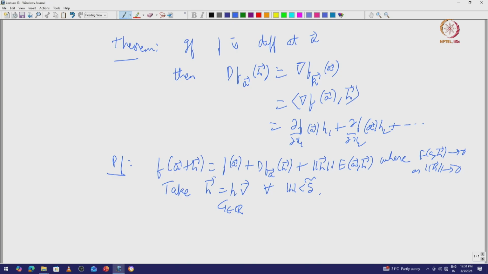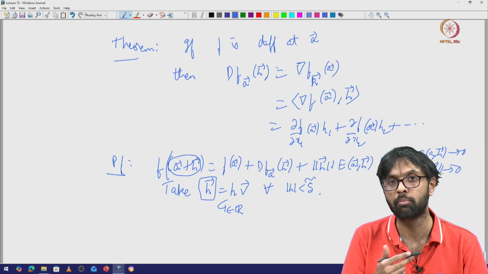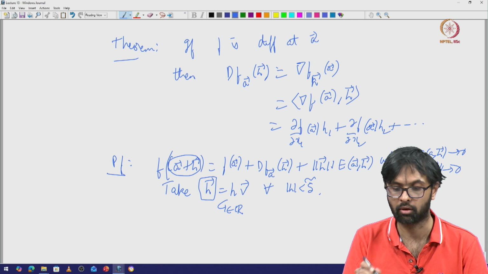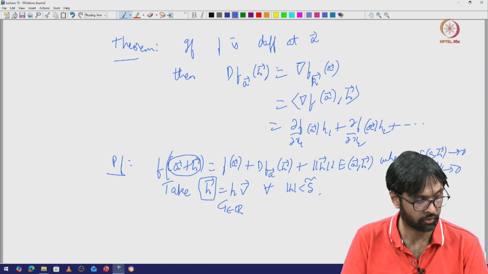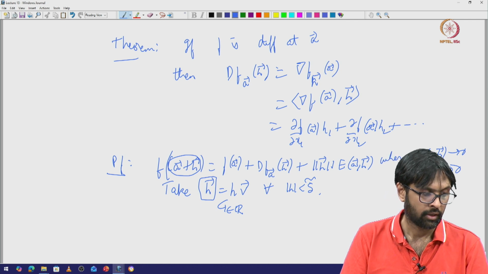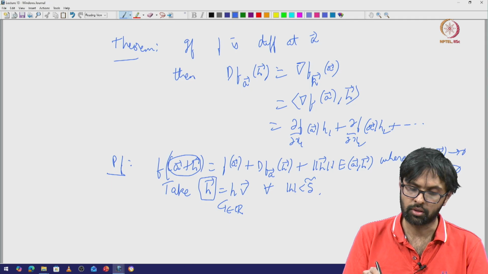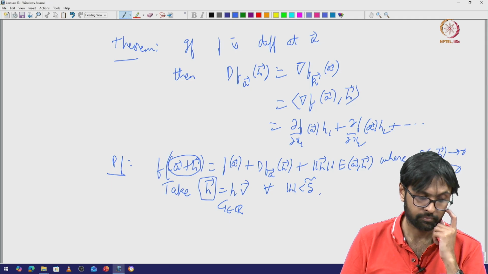Because then this vector will have small enough norm so that a plus h continues to lie in the domain of f. Notice that if you move very far away from a, you may not even lie in the domain. That's why I'm being a bit careful here.